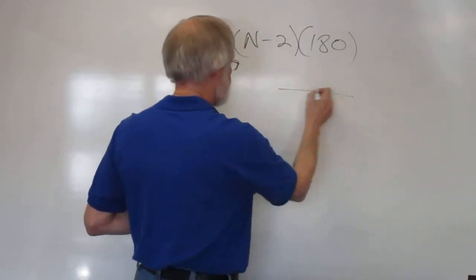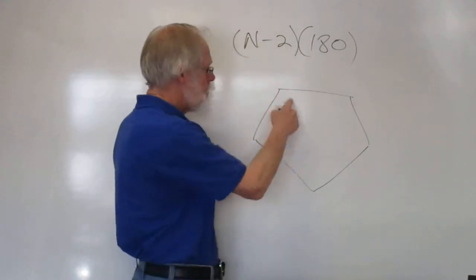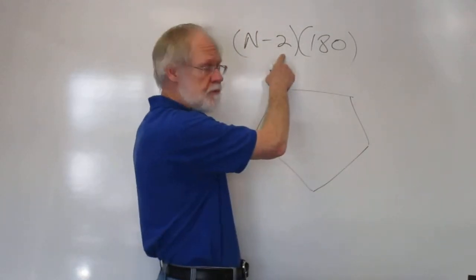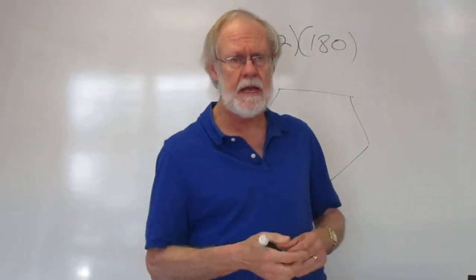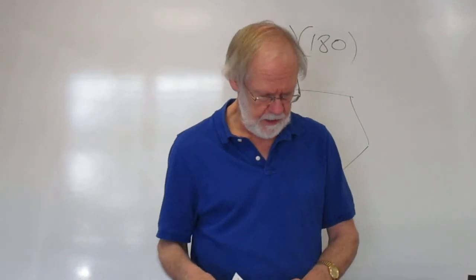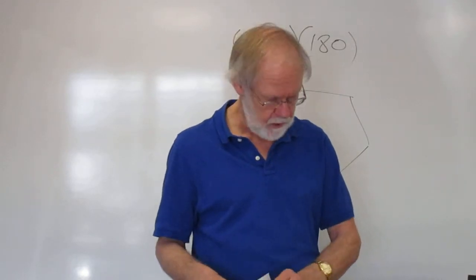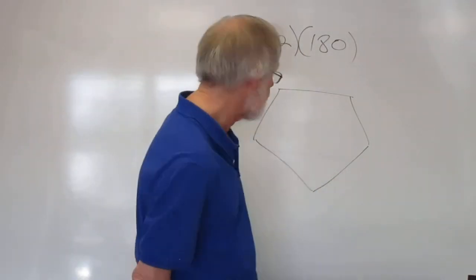A 5-sided figure, a pentagon, 5 minus 2 is 3, times 180 is 540. So that will work for any number of sides. As long as you have the number of sides, you can determine the total of all the angle measures.